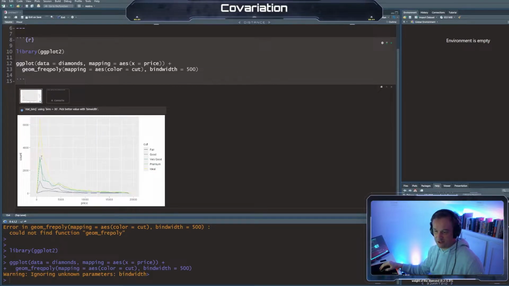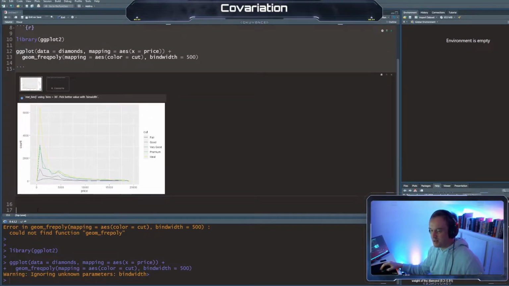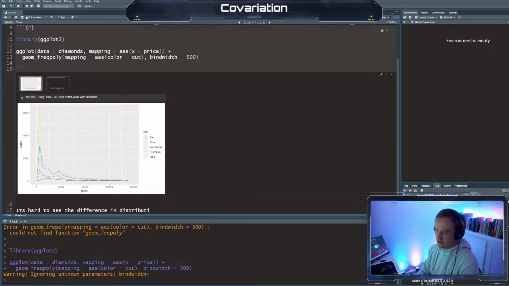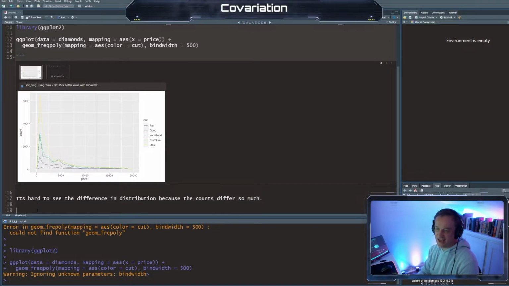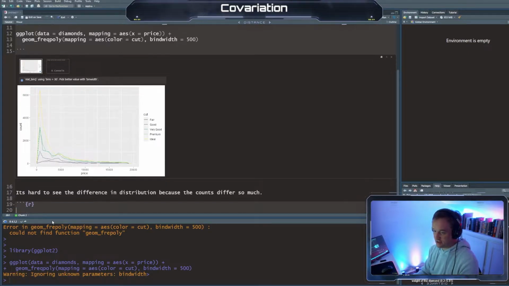For premium, we have a peak here, etc. But this doesn't give us a ton of information. It's hard to see the difference in distribution because the counts differ so much. If you were to analyze the area under the curve, you'd see that there is a big difference.